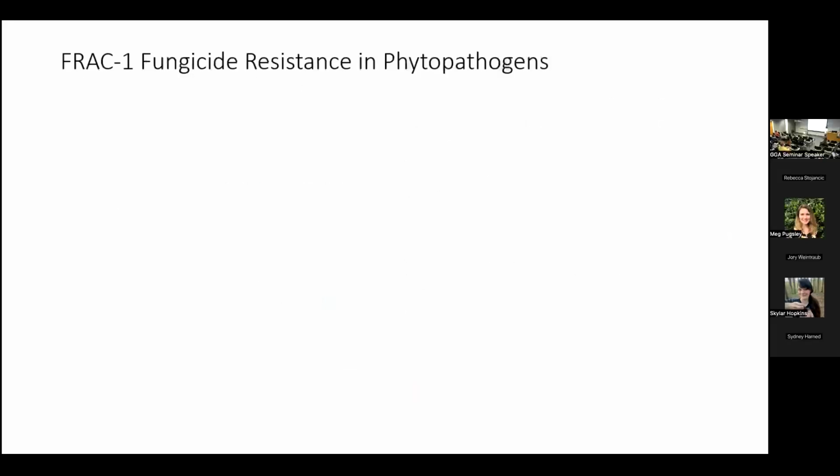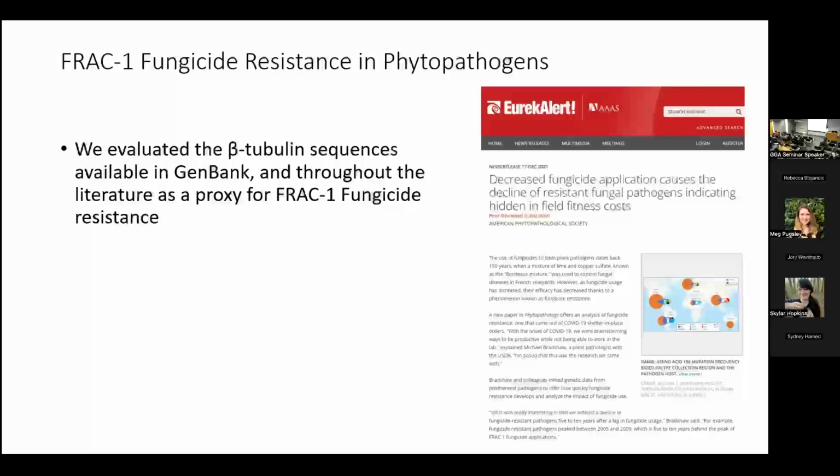So here's just kind of what I alluded to. Something that interests me is that you can look in a single region, the beta-tubulin region, and a single point mutation can correlate with fungicide resistance. And to me, that's really interesting, and it opens up a lot of research that can be done.